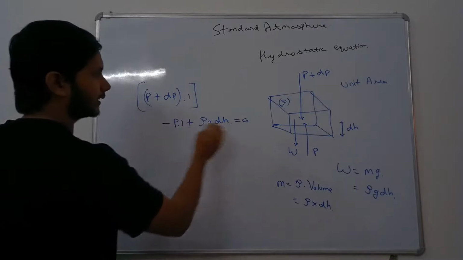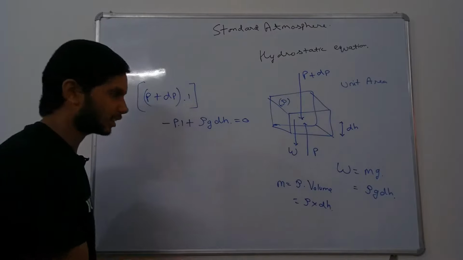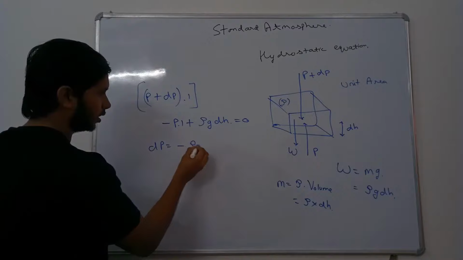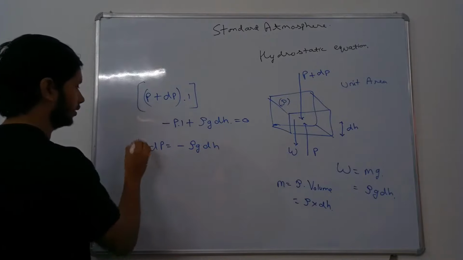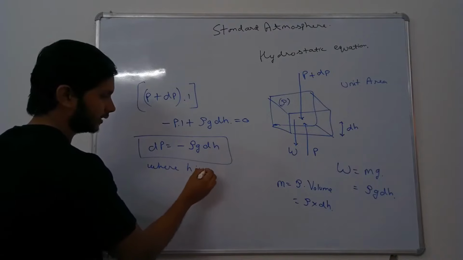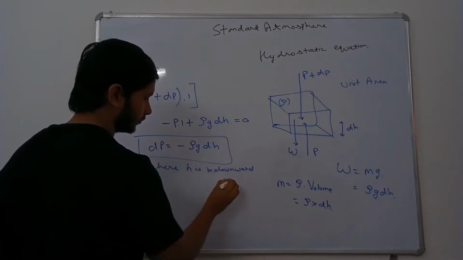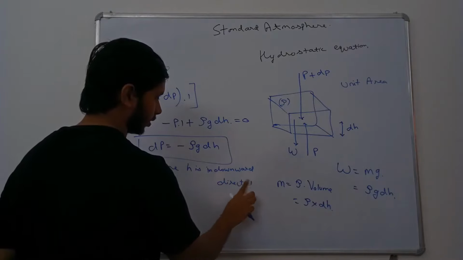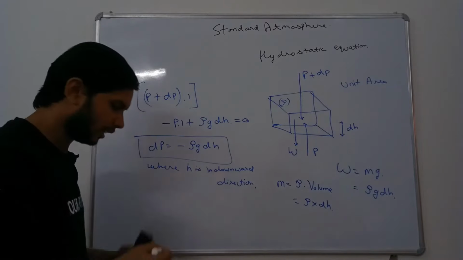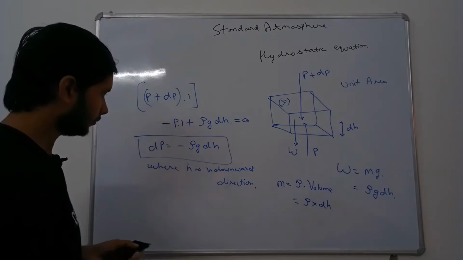This is equal to 0, considering equilibrium of forces in one direction, with downward taken as positive. So we get dP equal to minus rho g dH, where H is in the downward direction. This is the hydrostatic equation, dP equals minus rho g dH, and we use it to solve for our properties.